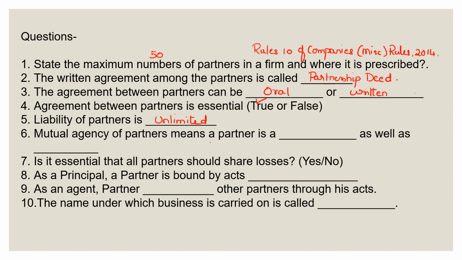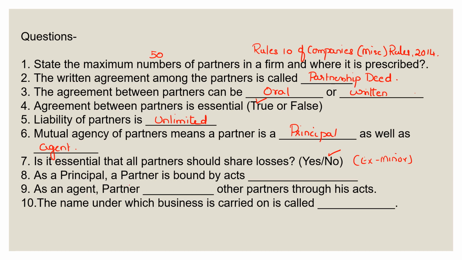Mutual agency of partners means a partner is a dash as well as dash. The principal as well as an agent. Is it essential that all partners should share losses? No. The example that I gave you was that a minor cannot be asked to share losses.